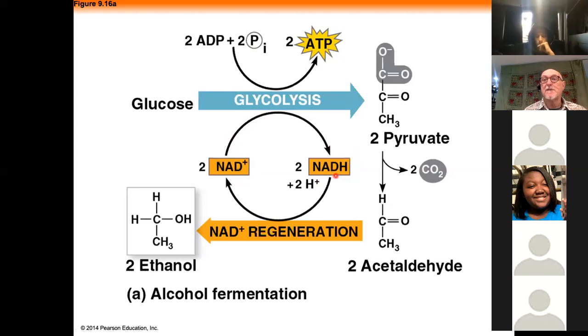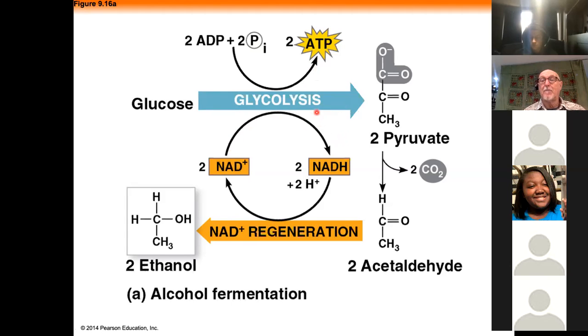Under normal circumstances, the cell uses up the NADH and restores NAD+. But if there's no oxygen, then the whole system stops right there, except for glycolysis. Glycolysis carries on, produces a little bit of ATP, but the problem is it runs out of NAD+. It converts all the NAD+ to NADH, and glycolysis has to stop.